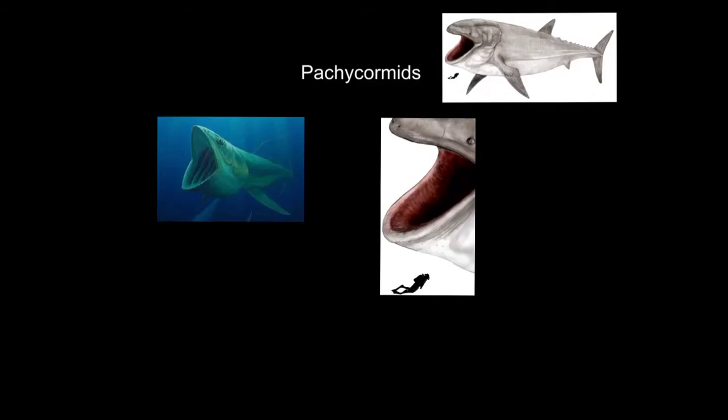And then on the bottom here, just to show you, even bigger, just so you can grasp the sheer size of this beast. We have the front of this fish, and a diver next to it. He would get easily swallowed up.